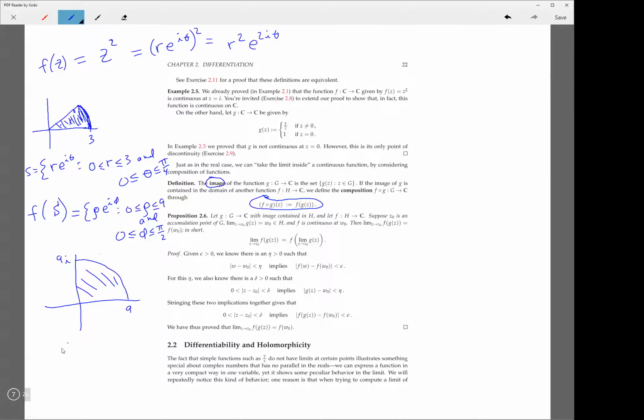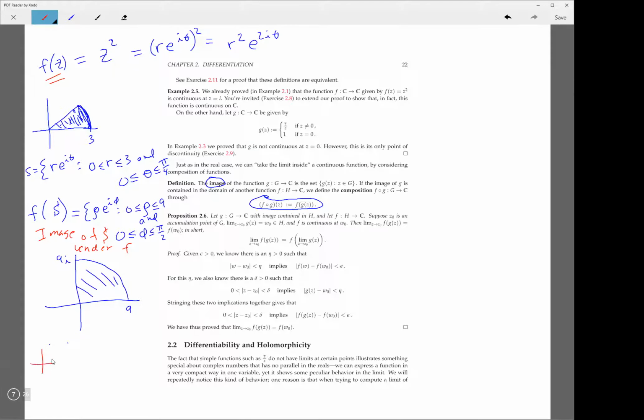This right here is the image of S under F, under this function here. This is the image of this set.